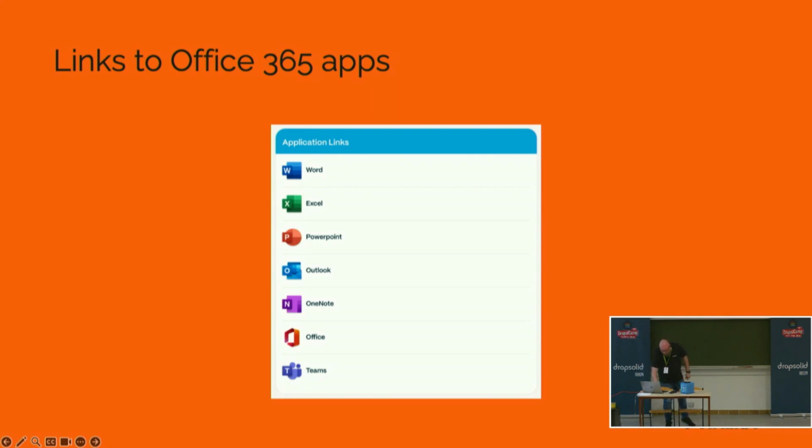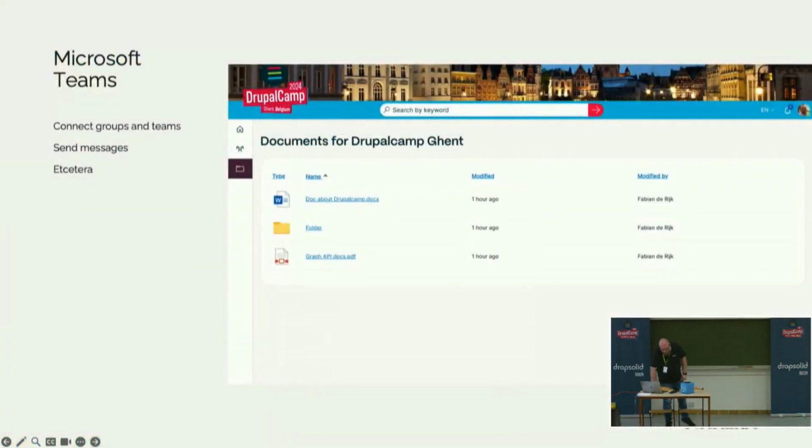Microsoft Teams. I'm going to do a demo as well, where I can show you this in real time. But what we did, we made the possibility for you to send messages from Drupal to Teams.